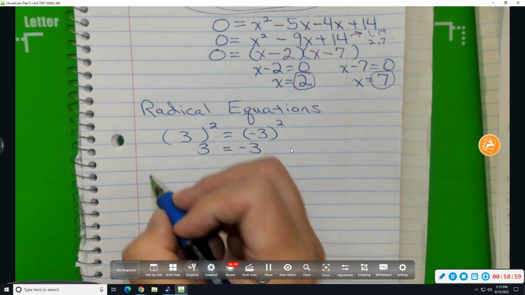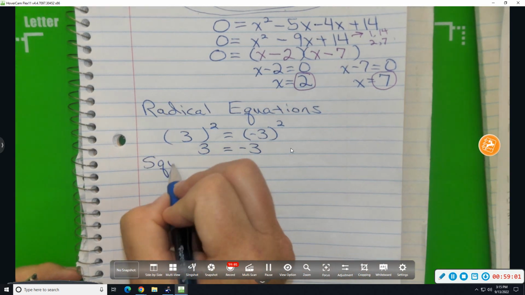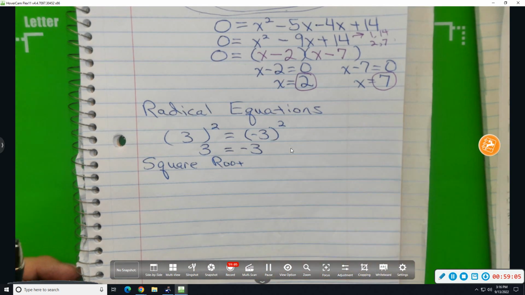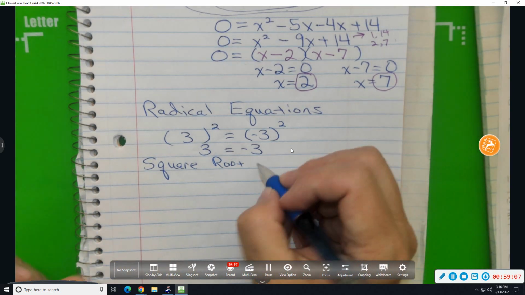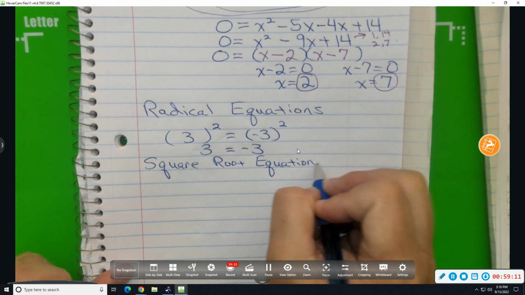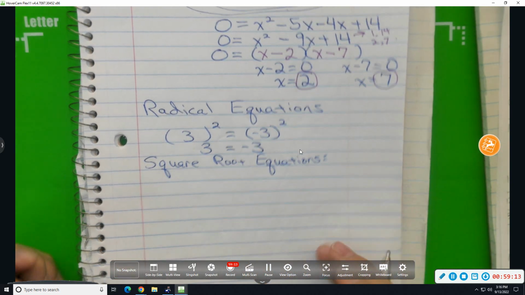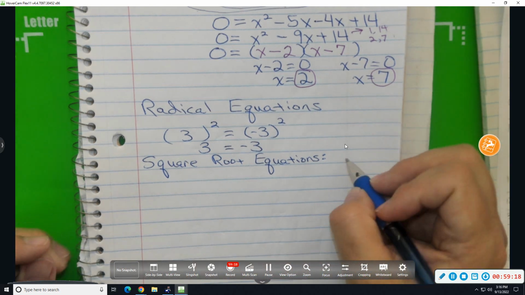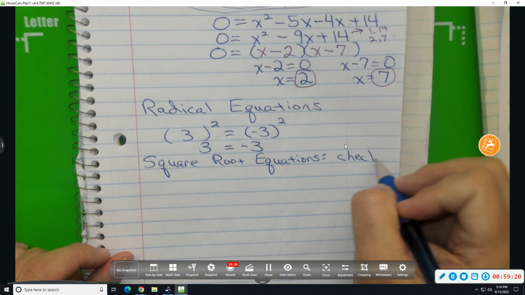So, for square root equations, you're going to have to check answers, but don't panic. Tony has a real good way to get through the checking. I'll just plug it into a calculator. Okay, square root equations, you're going to have to check your solutions.